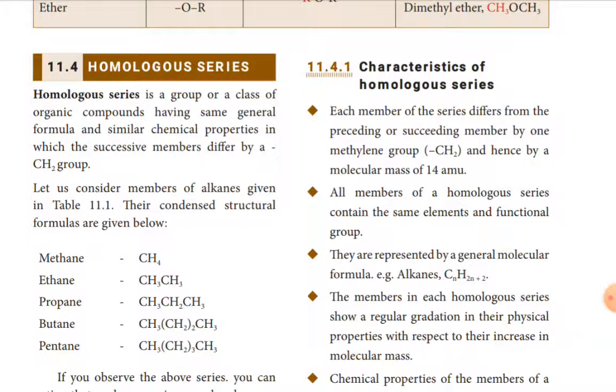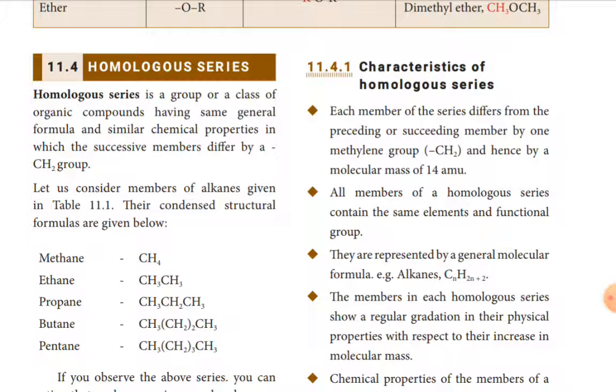Then in the same question it is also asked to write the characteristic properties of homologous series. It is given in 11.4.1. What are the characteristic properties? The question asks to write any 3, but you have to learn all the points, because sometimes you are asked to write all of them.